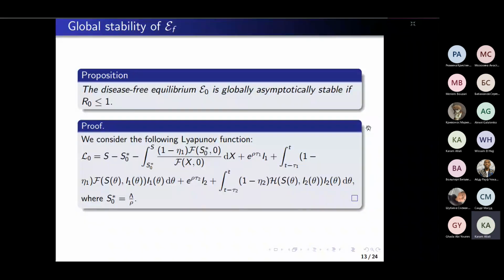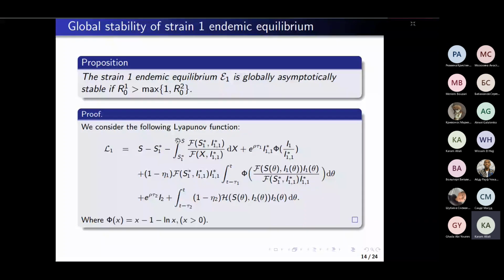The strain 1 endemic equilibrium E1 is globally asymptotically stable if R01 is greater than the maximum of 1 and R02, and the same, similarly to the first proof. We take here some integral from t minus tau to t.